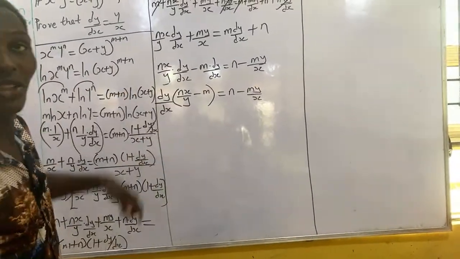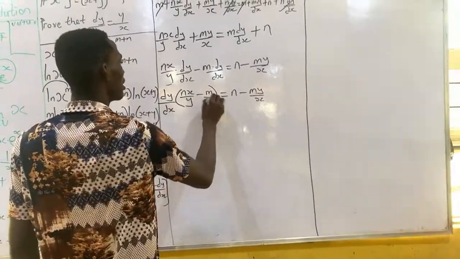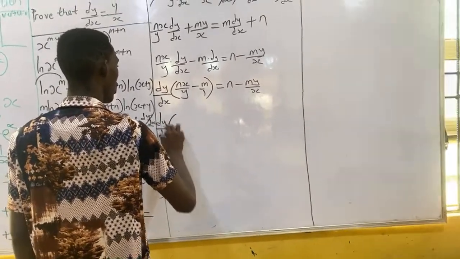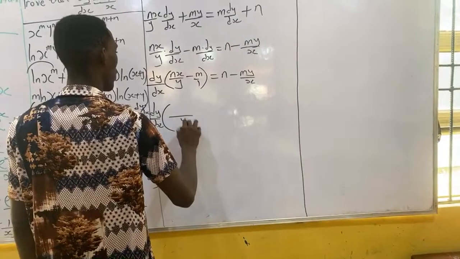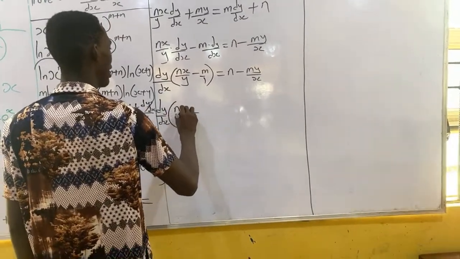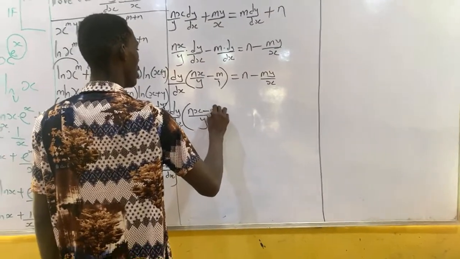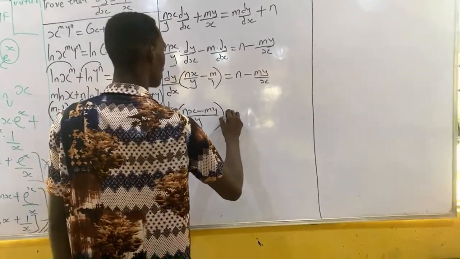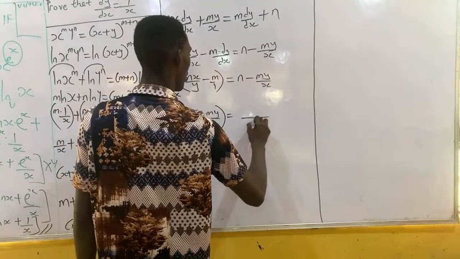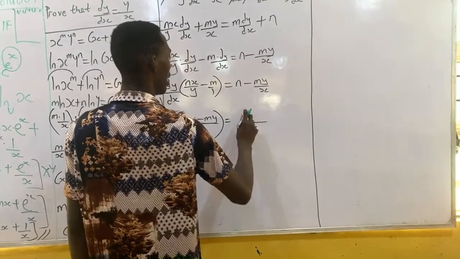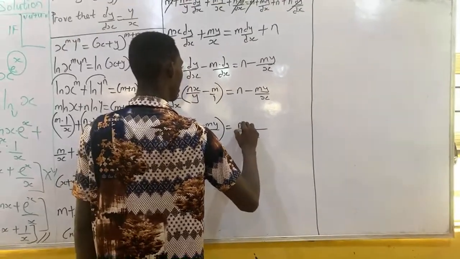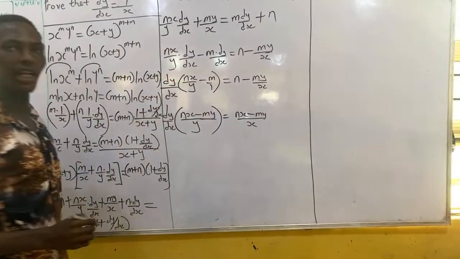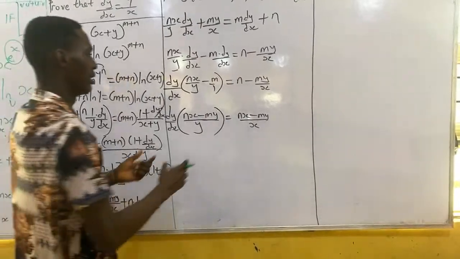Now are we done here? No. We can find the LCM of both sides. So this is over 1. Alright, let's write dy over dx, open bracket, nx minus my over y. Now if you do this here, it's equal to what? What's common here? x times this gives us nx minus my. Are you noticing a pattern here?